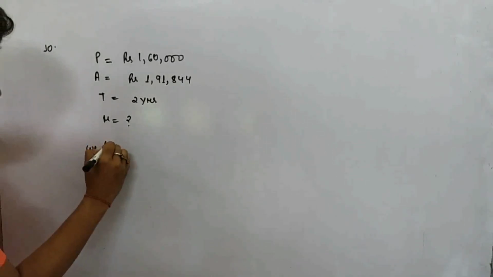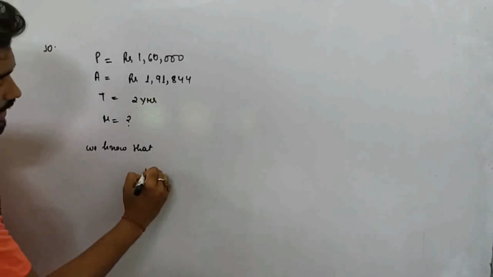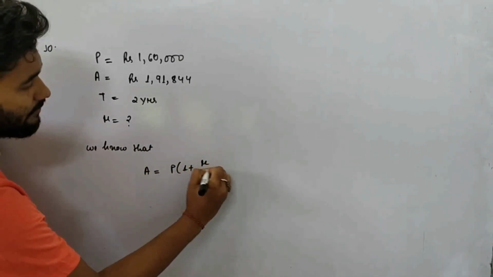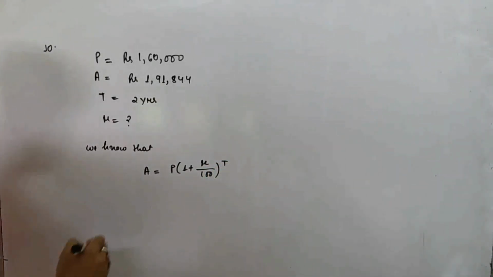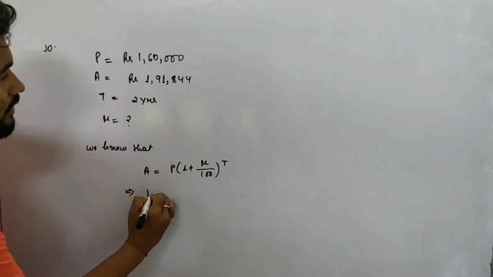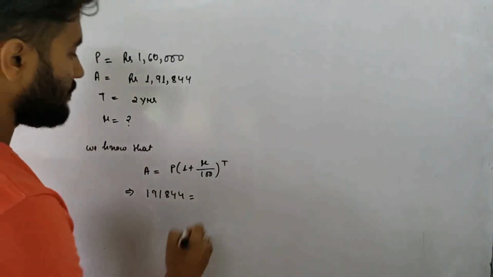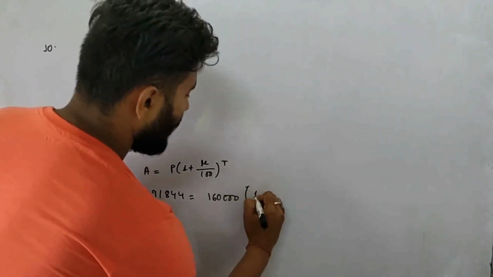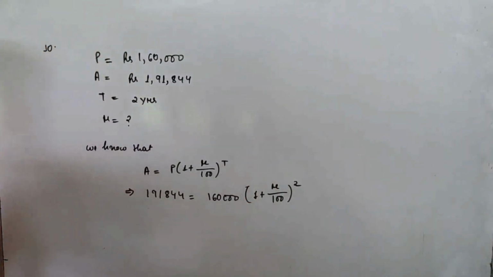We know that amount is equal to P into 1 plus R by 100 to the power T. Substitute the values in this formula. Amount is 191,844 is equal to, the principal is 160,000, and then 1 plus R by 100 to the power 2.